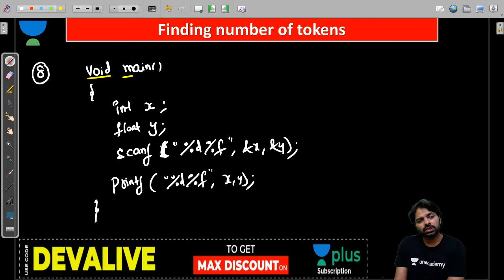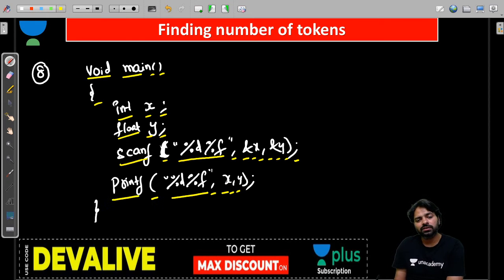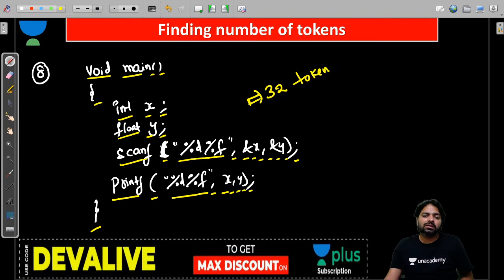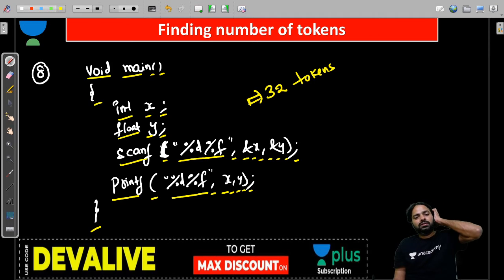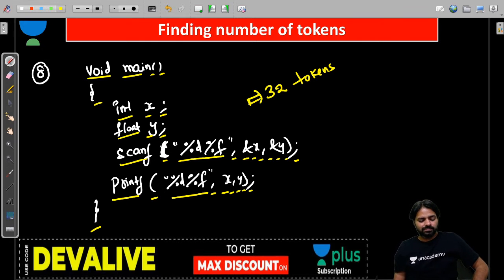Quick. 1, 2, 3, 4, 5, 6, 7, 8, 9, 10, 11, 12, 13 and so on up to 32. How many tokens are there, guys? 32 tokens. Count once again. If any comment comes, it deletes it; if a space comes, it deletes it; it will count only the valid lexemes. Yeah, 32 tokens.